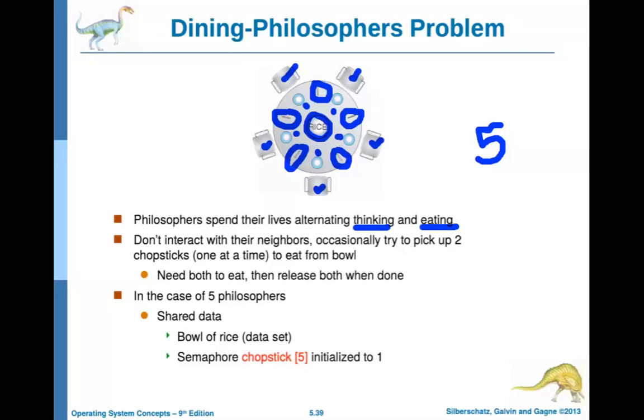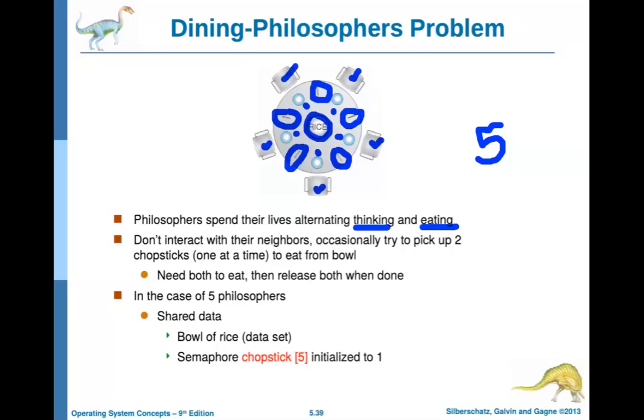Okay, and they need to acquire both chopsticks in order to eat. So they pick up just one at a time. It's not like I'll pick up both at a time. No, I'll first of all pick up one and then the second, something like that.